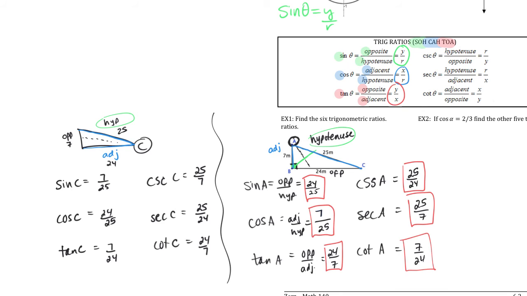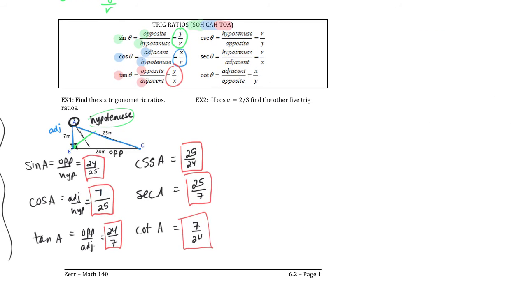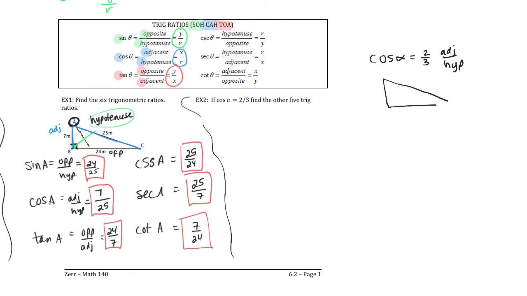All right, so moving on to example 2. We have the cosine of some angle is 2 over 3. Looking at the definition of cosine, cosine is adjacent over hypotenuse, so I can figure those out.